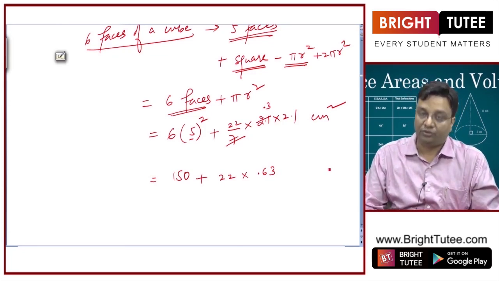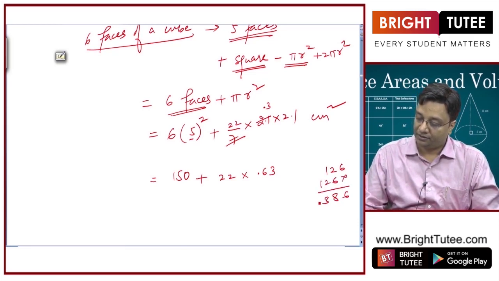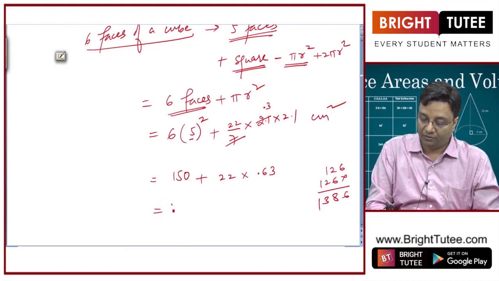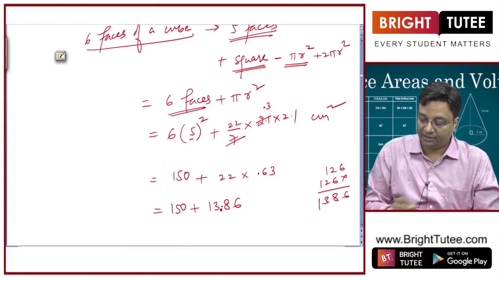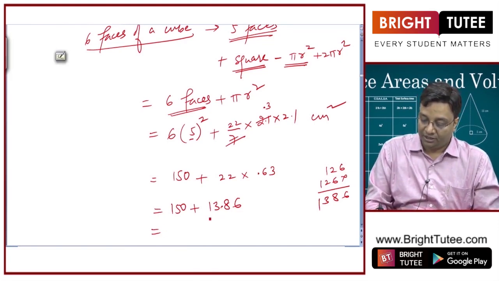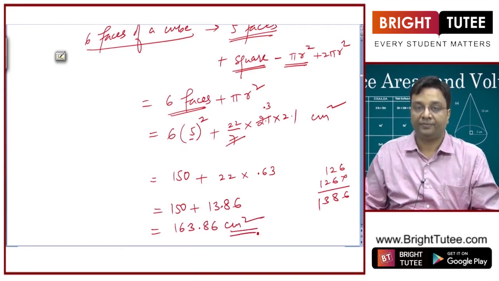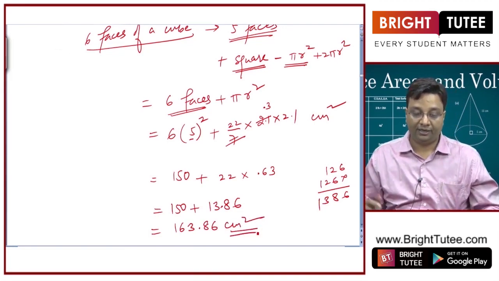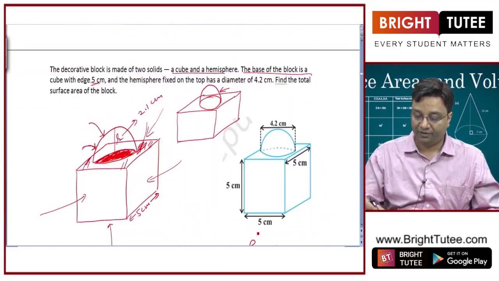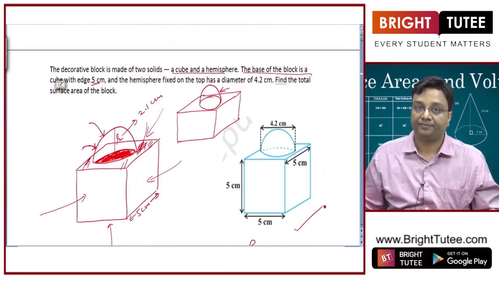So 63 into 22, 126, 126. So it will give you 150 plus 13.86, and then the decimal will come here. So this is equal to 163.86 centimeter square, right? So this is the area of the given solid.